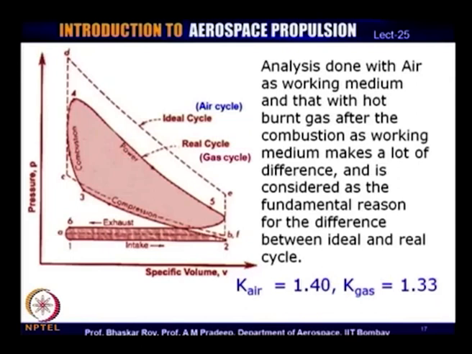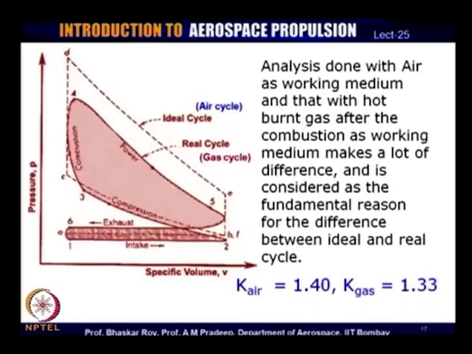So, what we have from 4 downwards, 4 to 5 and then on to 6, is actually gas. This part of the cycle is definitely a gas cycle, and that is one of the main reasons you see a big difference between the ideal cycle, which is given from D to E, and the gas process from 4 to 5 and on to 6.